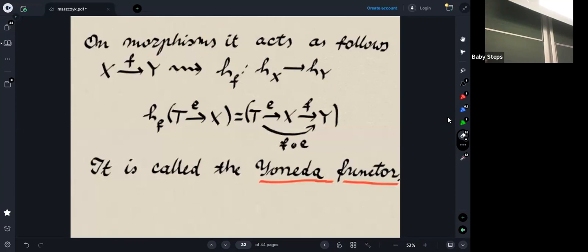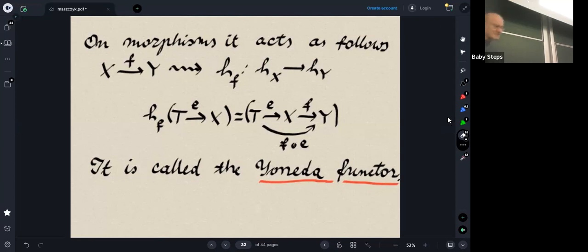And on morphisms, it acts in the following way. If we have a morphism F from X to Y, then this functor associates with it the transformation H_F between these two functors, H_X and H_Y.